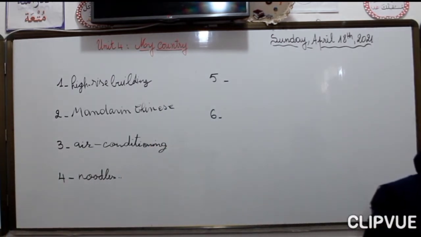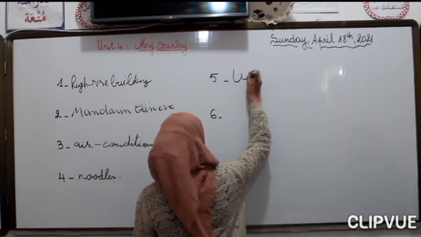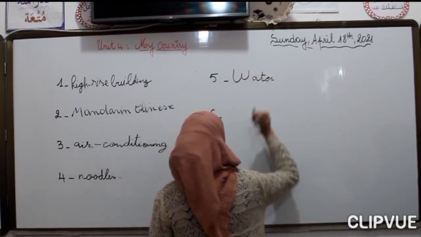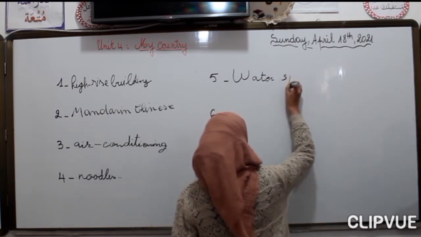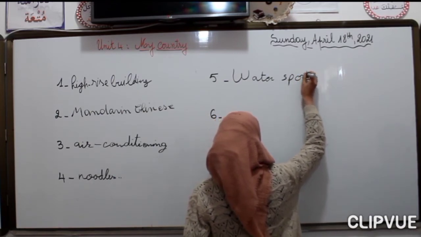Who's number 5? Asma, can you count? Teacher? Yeah. For noodles. It's not noodles? Chopsticks. Yeah, noodles and chopsticks. Yeah, it's chopsticks. They are chopsticks. Who wrote noodles? Akram.